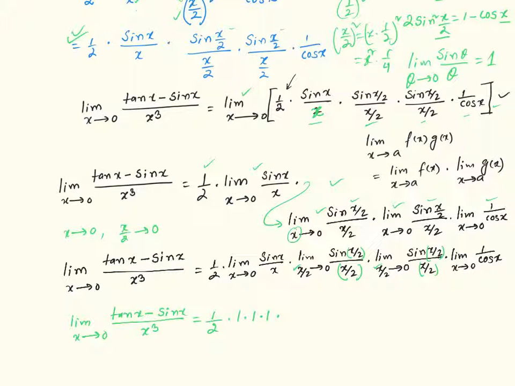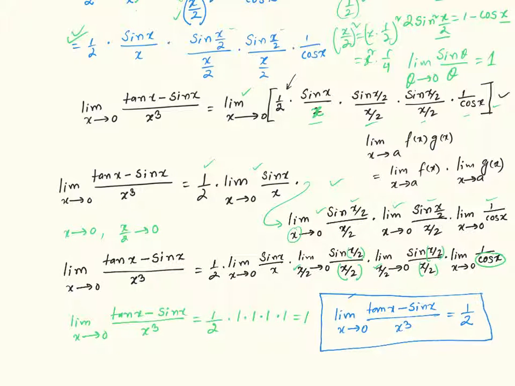And the last one: as x approaches 0, remember cosine of x goes to 1, so this is also going to be 1. So the whole limit becomes just 1. Then we have the final answer: the limit as x approaches 0 of (tangent x minus sine of x) divided by x cubed is equal to 1/2, and that's your final answer. So that means the limit of this expression is 1/2.